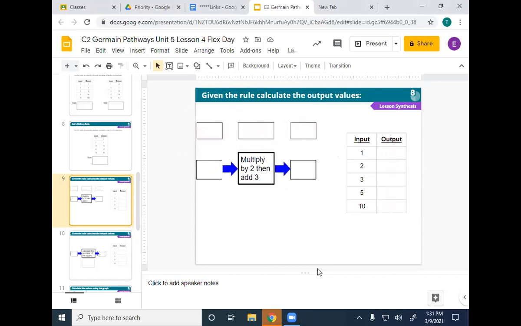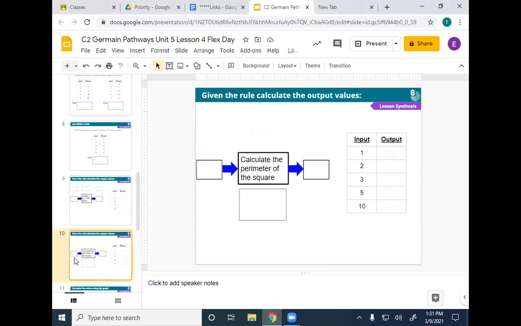Very nice. Now, this is where it gets a little bit tricky because now we don't have the exact rule, like you need to do this times this, then do this. It's now sort of like a story. We need to calculate the perimeter of a square. So let's go back into our repository of our brains. How do we calculate the perimeter of a square?